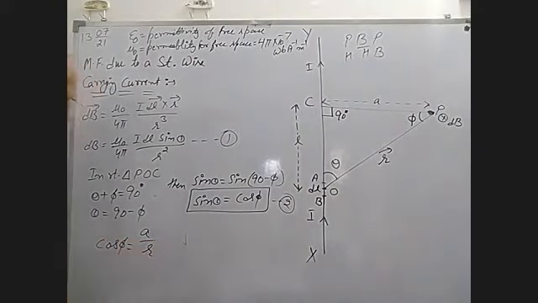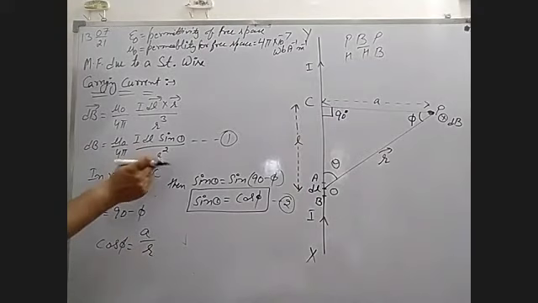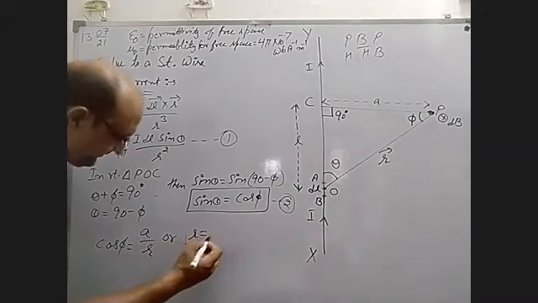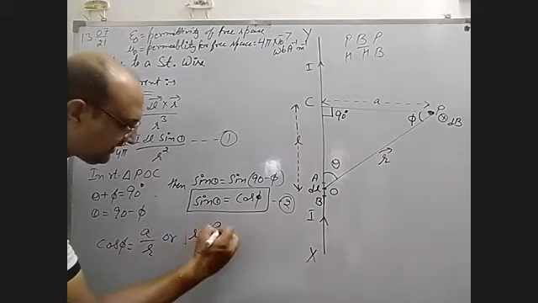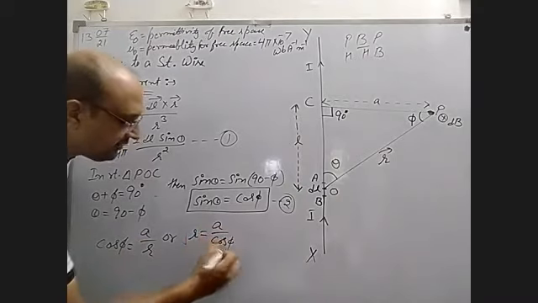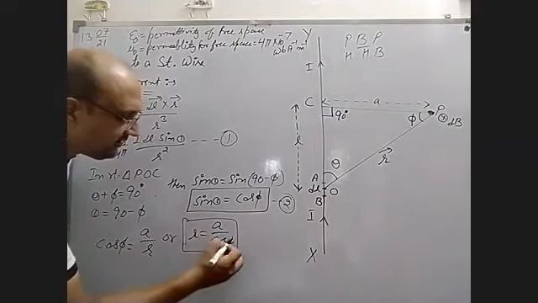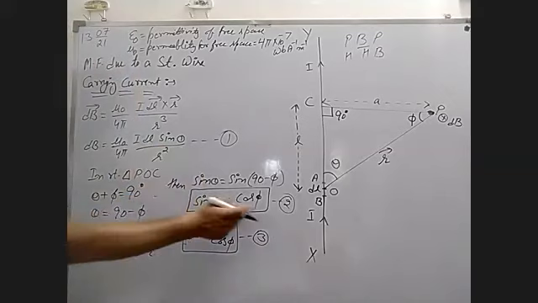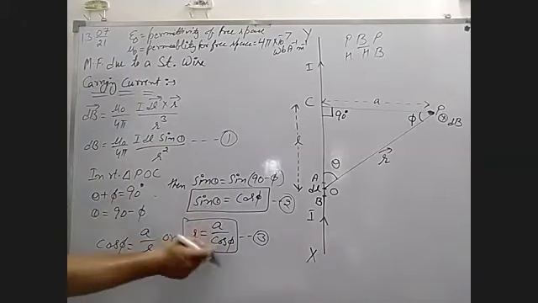So a upon r is equal to cos phi, but I want the value of r, so r is equal to a upon cos phi. Now this is your next value, which you have to put in this relation. Now sine theta is cos phi, and r is a by cos phi.